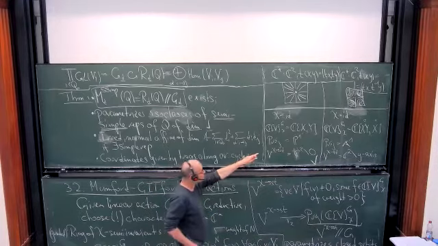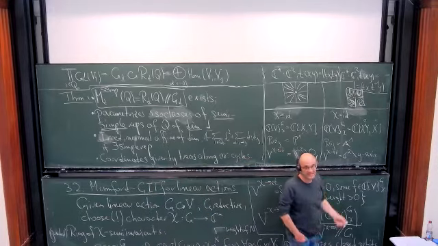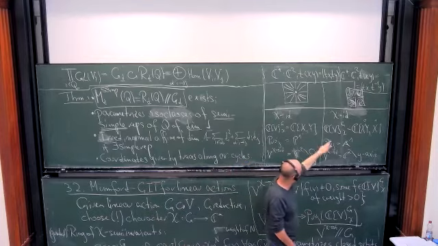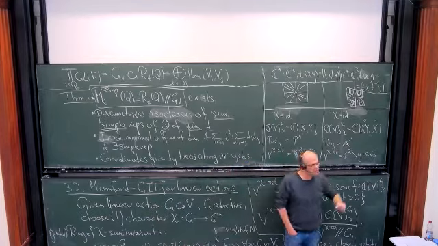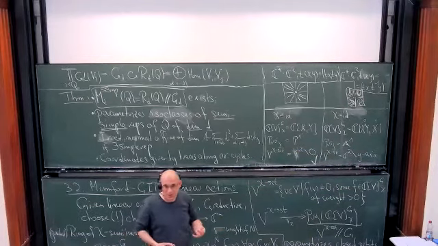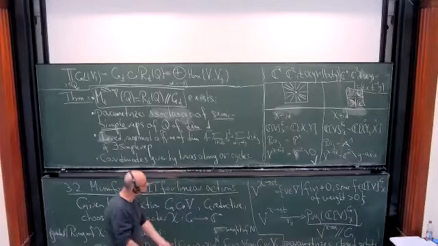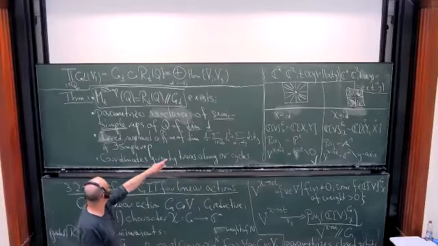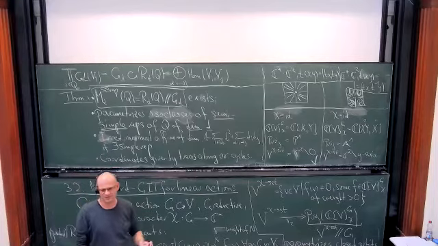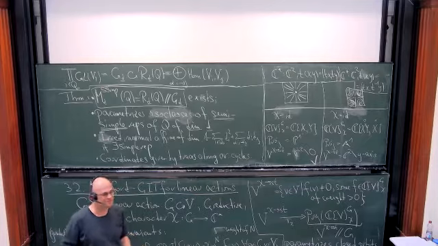You can make another choice of the character here and take the character which maps t to t inverse, and then you get the other possibility. You get the same Proj, but then you remove the x-axis. So the whole question of what are good and bad orbits for the group action is automatically given to us by the choice of a character in Mumford's GIT. So that's a really nice solution.